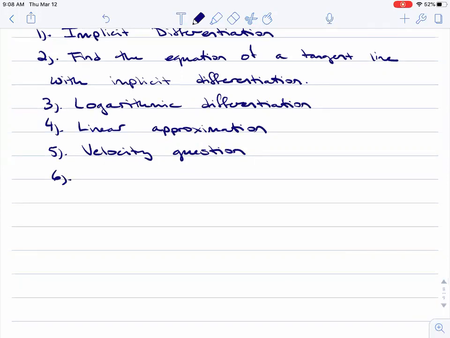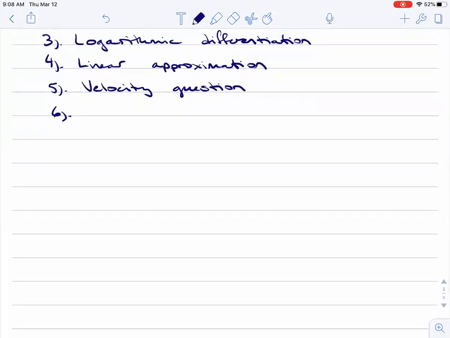Question 6, you have to find the derivative of an inverse trig function. Just don't evaluate it or anything. Just remember you've got these differentiation rules to memorize. I'd focus on the left-hand side, those are the more important ones. We already derived arcsine and arctan, so sine inverse and tan inverse we derived in class. The only new one that I would make sure you know is cos inverse.